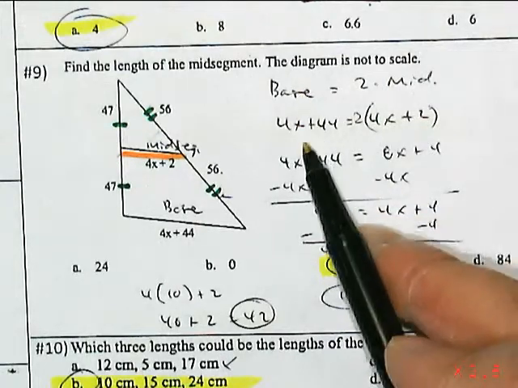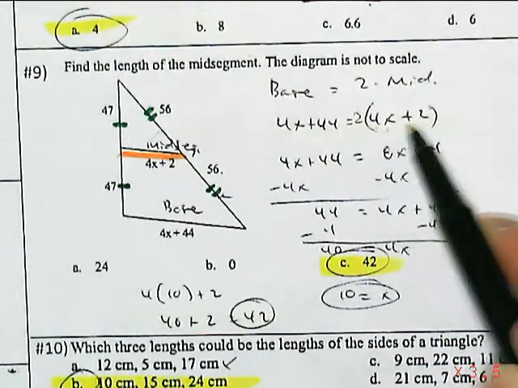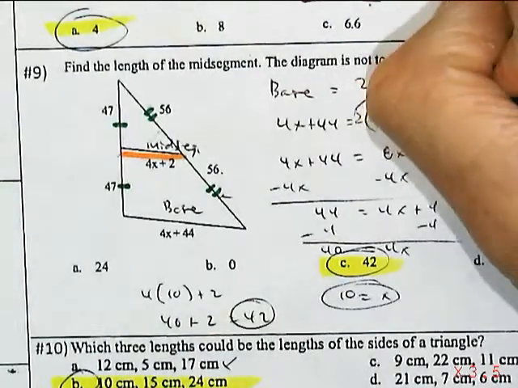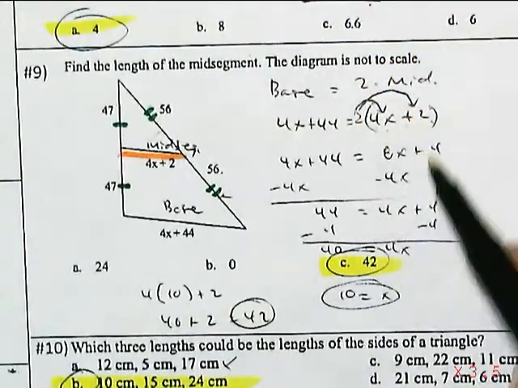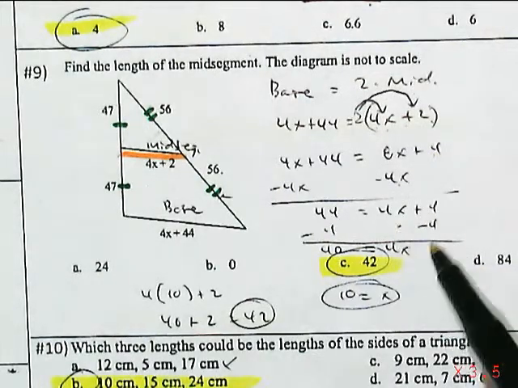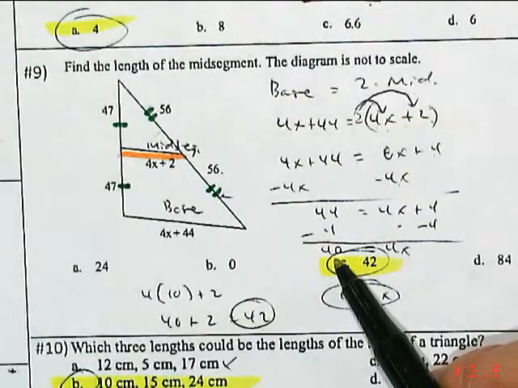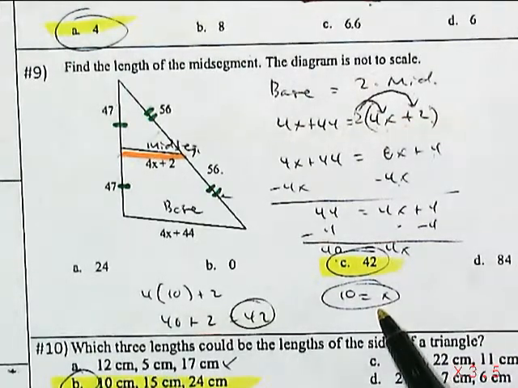My base is 4x plus 44, and my midsegment is quantity 4x plus 2. I can just distribute here. 8x plus 4. I can subtract 4x, subtract 4. You'll get 4x equals 40, which means that x is equal to 10.